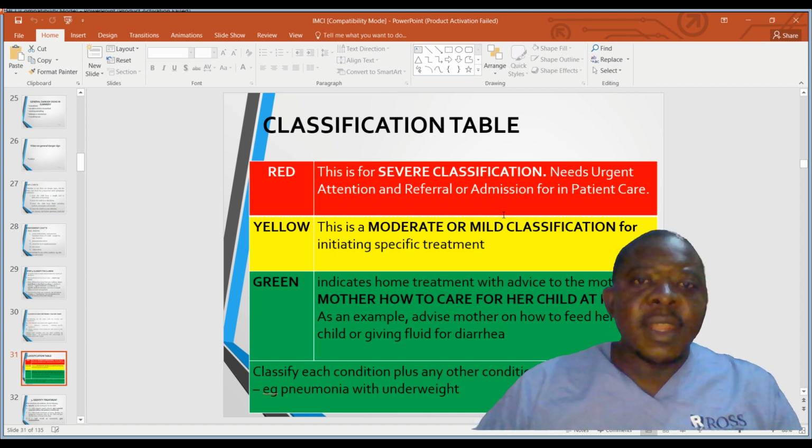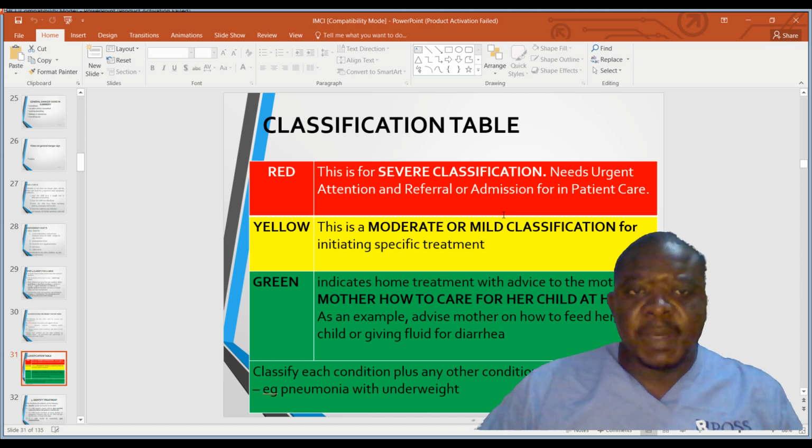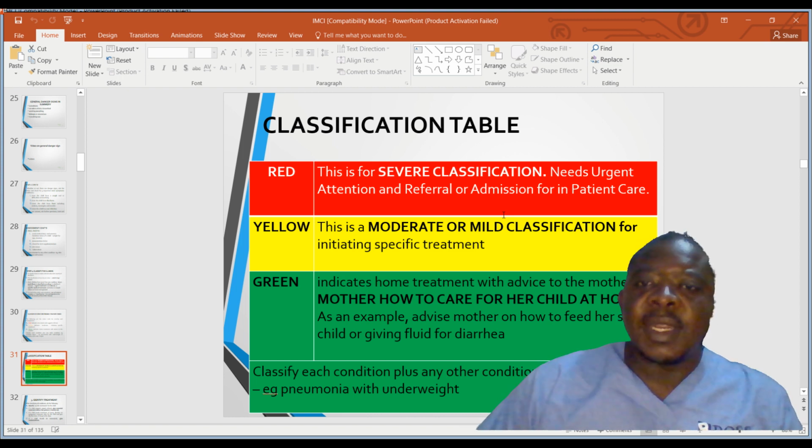Then yellow, this is a moderate or mild classification for initiating a specific treatment. Green indicates home treatment with advice to the mother, on how to give information and education to the mother on how to care for the child at home, as an example, how to feed the baby, how to breastfeed the baby.